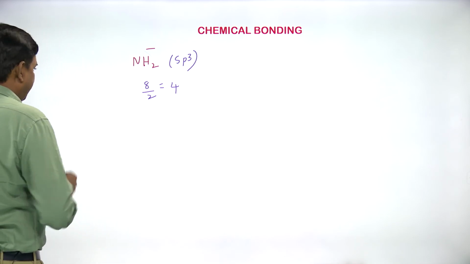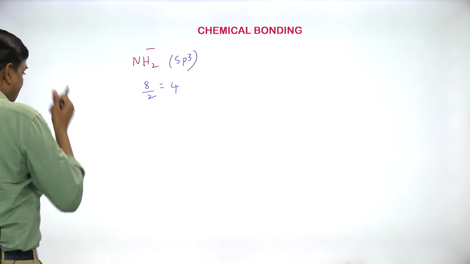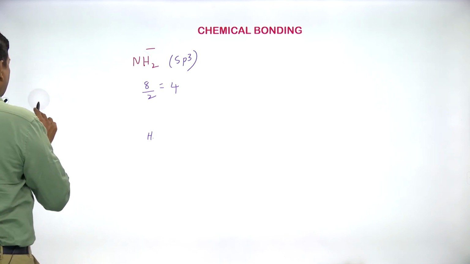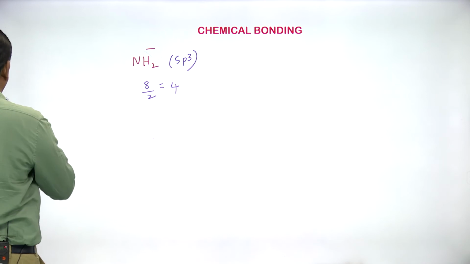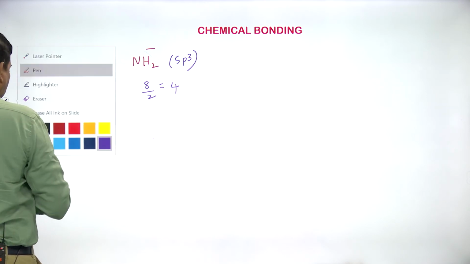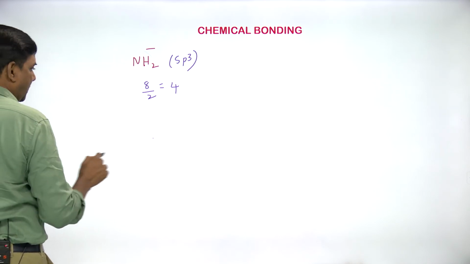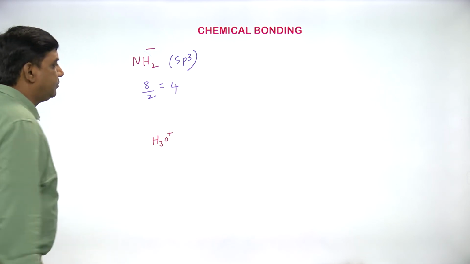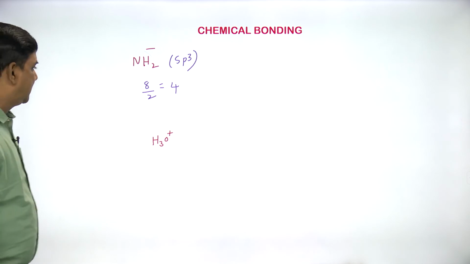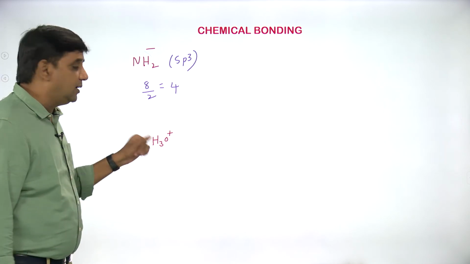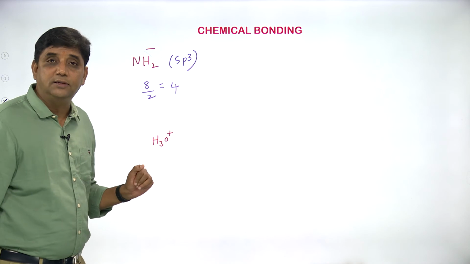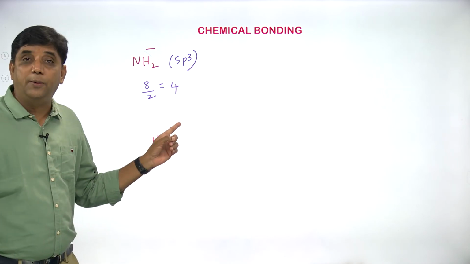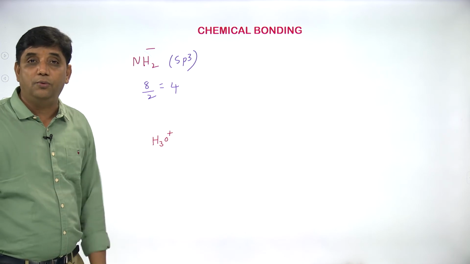And similarly H3O plus. In H3O plus, oxygen contains how many valence electrons? 6. 3 hydrogens, 3. 6 plus 3, 9. 9 means 1 positive charge is there, so you have to remove 1 electron.